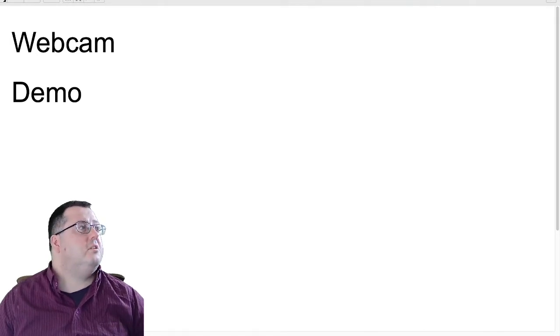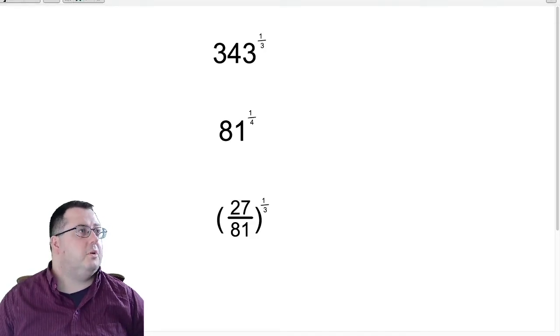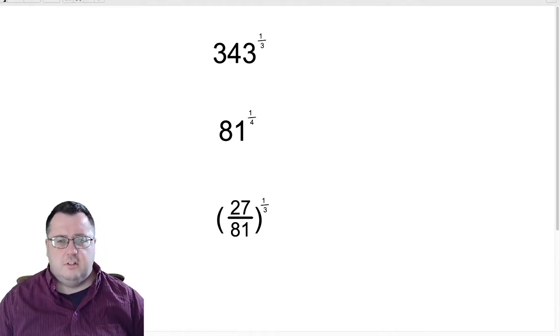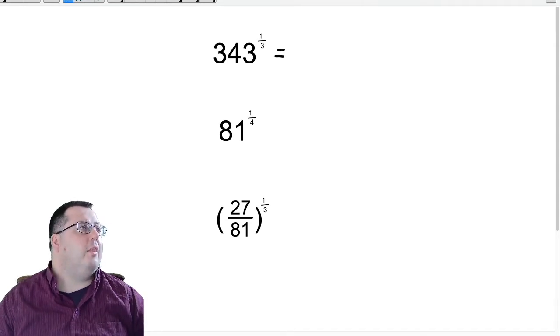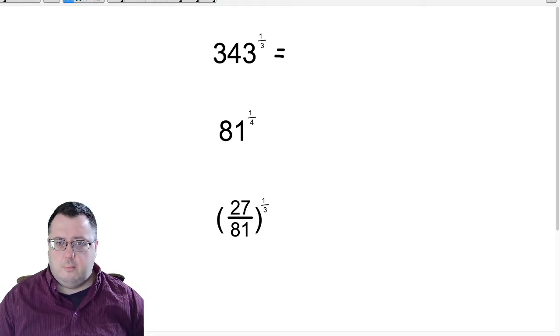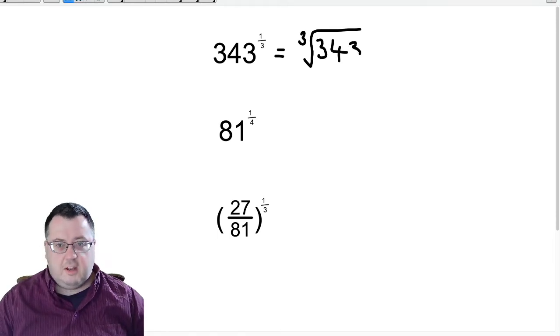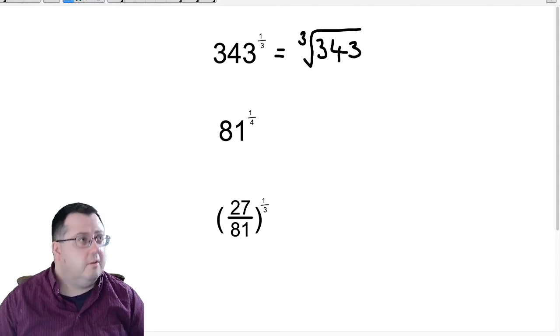I wanted to do some examples of this and what we need to be doing to work these out. So I have got 343 to the power of 1/3. So the 1/3 means that it is going to be the cube root of 343. And I think I am going to use my calculator again.